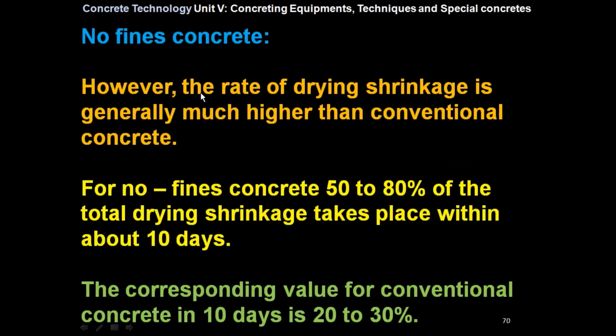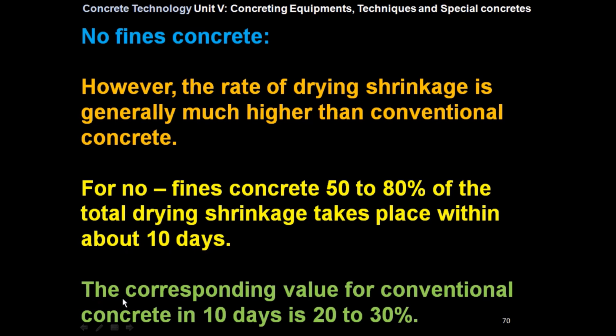However, the rate of drying shrinkage is generally much higher than conventional concrete. For no-fines concrete, 50% to 80% of the total drying shrinkage takes place within about 10 days.